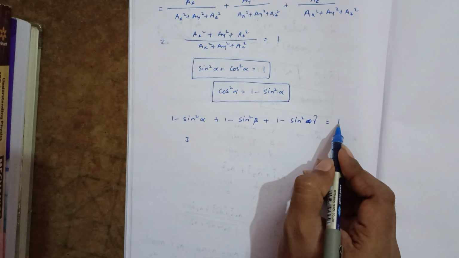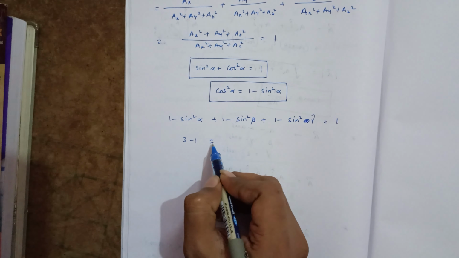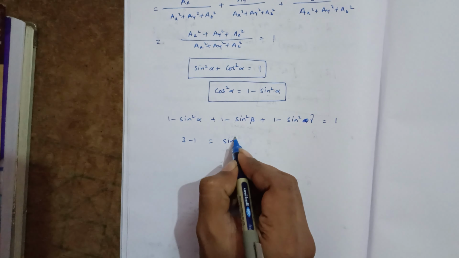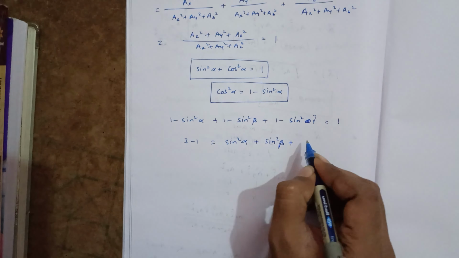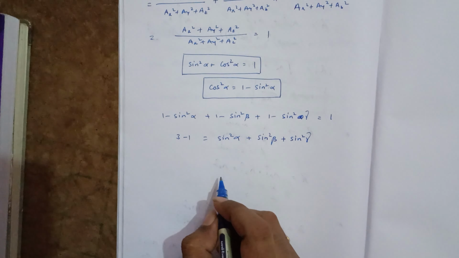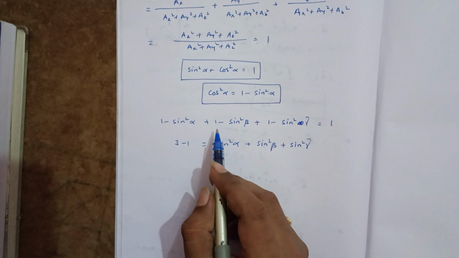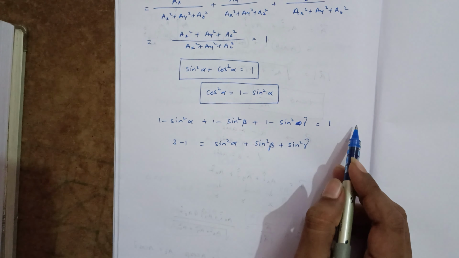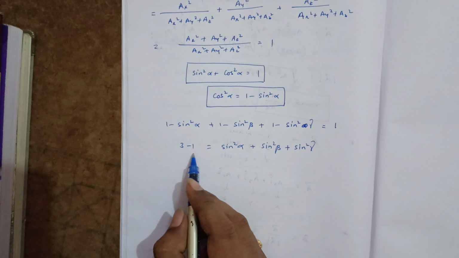This plus 1 coming to this side, minus 1, equals minus sin square alpha, and coming to the opposite side, sin square alpha plus sin square beta plus sin square gamma. Minus sin square alpha coming to this side becomes plus sin square alpha, minus sin square beta becomes plus sin square beta, minus sin square gamma becomes plus sin square gamma. 3 minus 1 is 2.